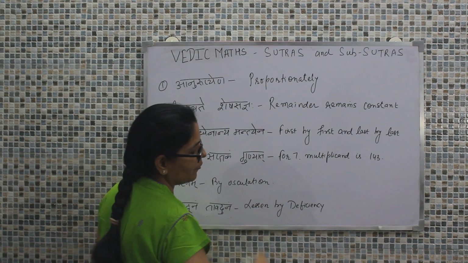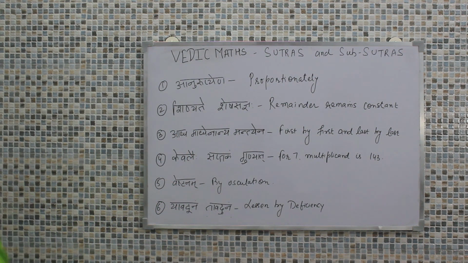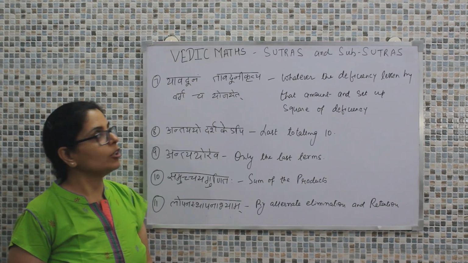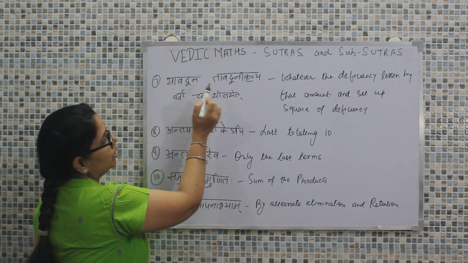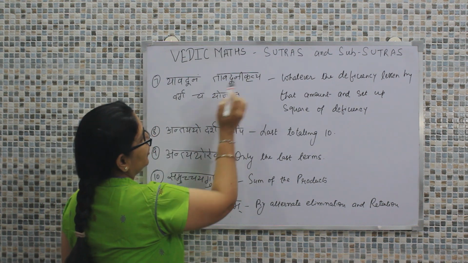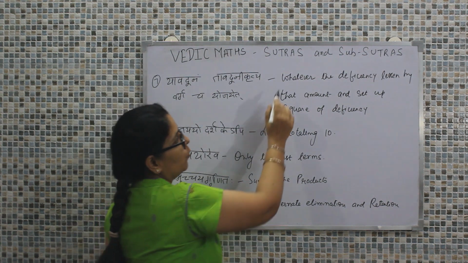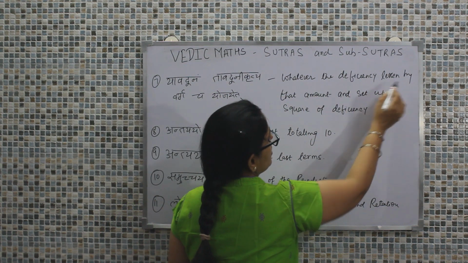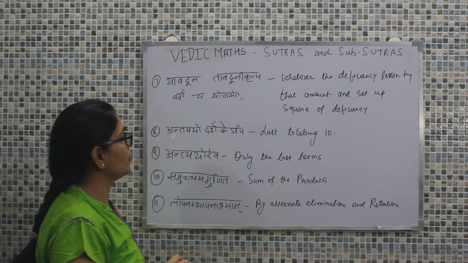Lessen by deficiency. Coming to the 7th sub-sutra, that is Yavadunam Tavadunikritya Vargancha Yojayet. That means whatever the deficiency, lessen by that amount and set up the square of the deficiency.